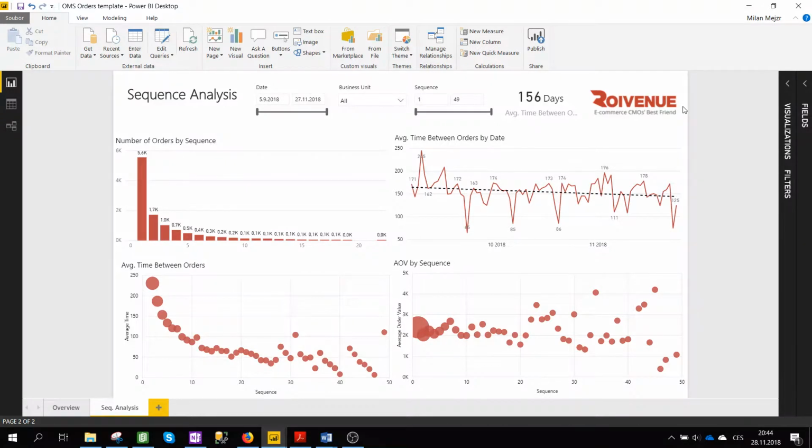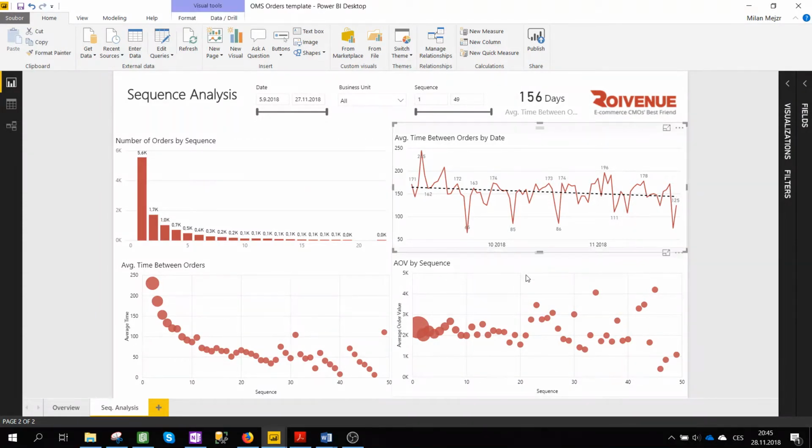That means with each month, the value is lower and lower, and customers buy more frequently. If you have some really high extremes, it's good to find the reason why and maybe try to eliminate it by some campaigns or some other processes.